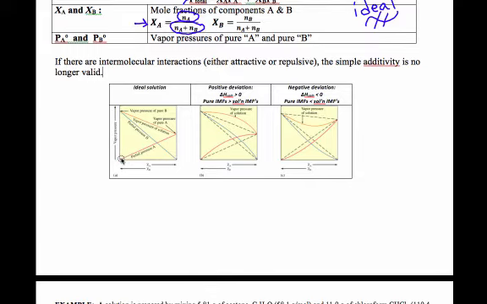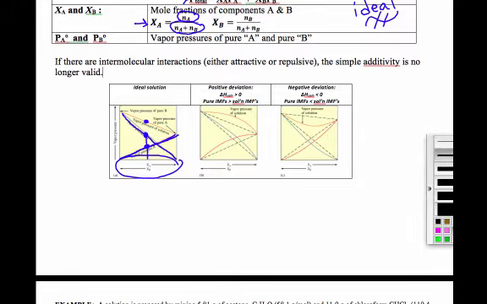Now, if these intermolecular forces were roughly the same, all right, so that shows the partial pressure of A, this shows B, this shows their mole fractions changing, right? So as we're increasing the mole fraction of A, it makes sense that we'd get more partial pressure. Now, if we take any point, if we add that partial pressure plus that partial pressure, we would get what represents, in this case, the mixture.